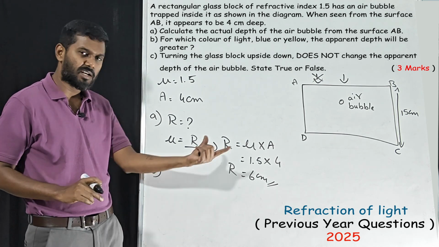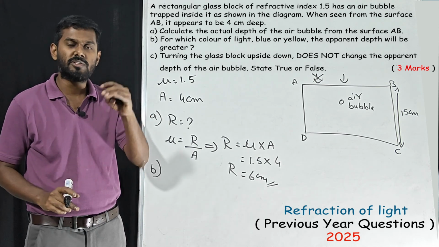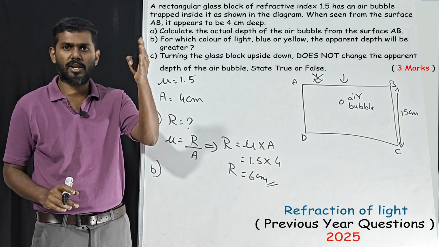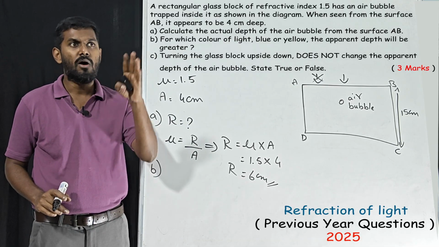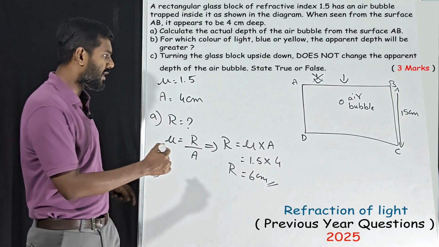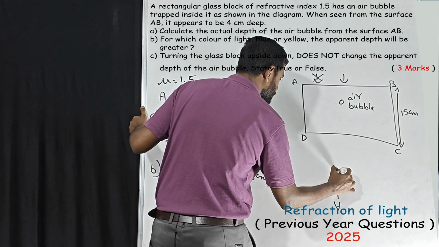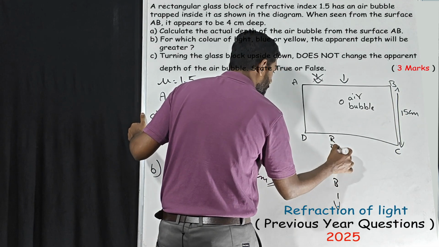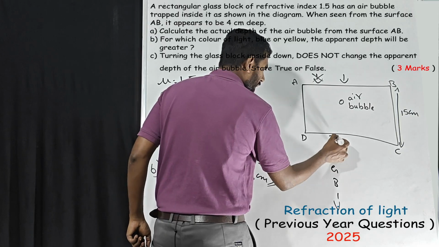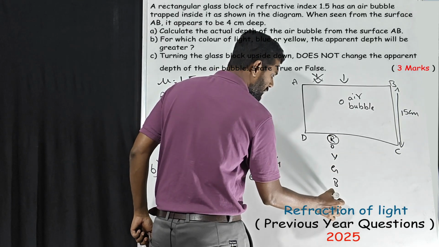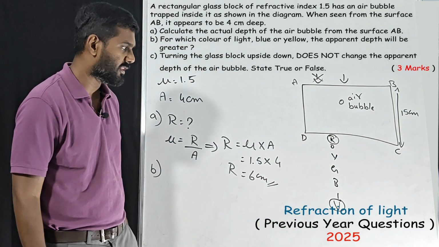First we'll find the relation, then we'll go for which color has maximum and which color has minimum wavelength. For now we know, in the order VIBGYOR, red has maximum wavelength, violet has minimum wavelength.